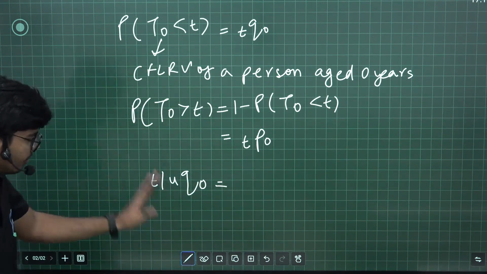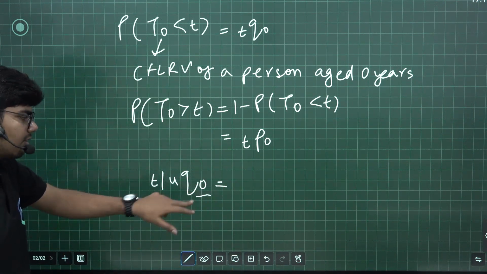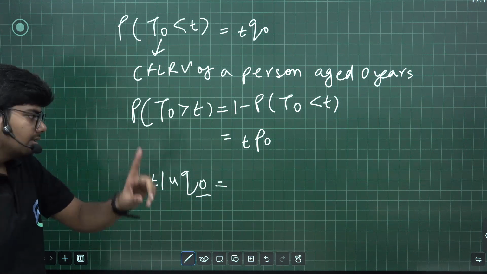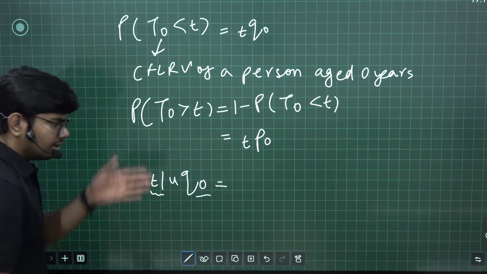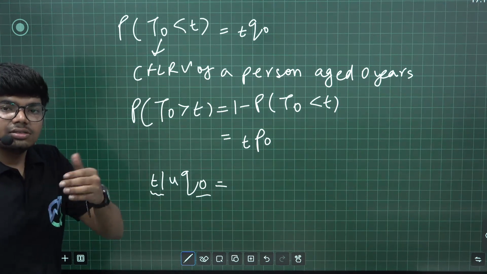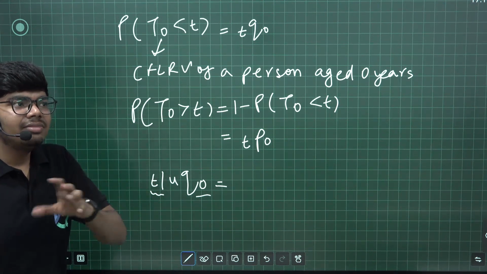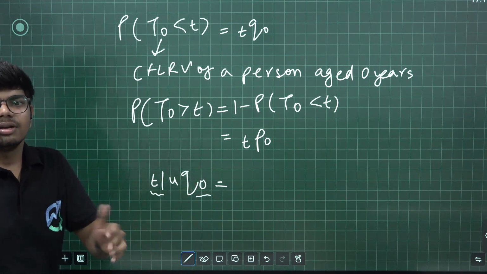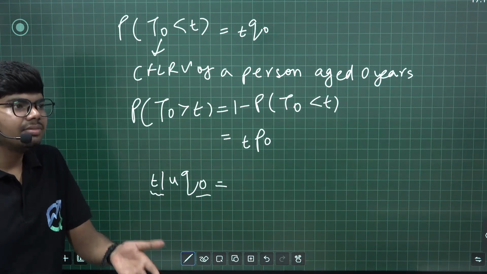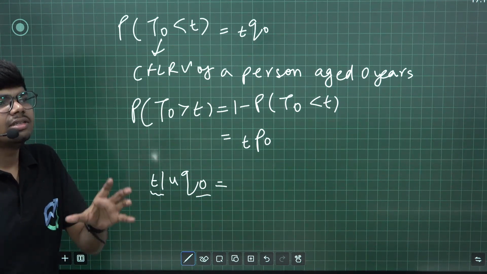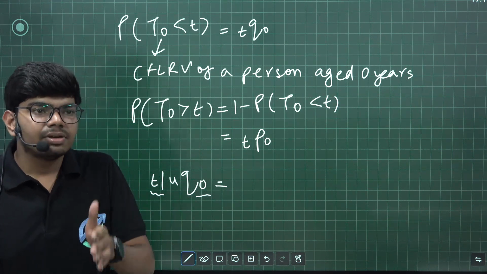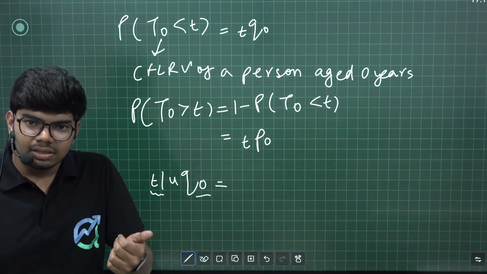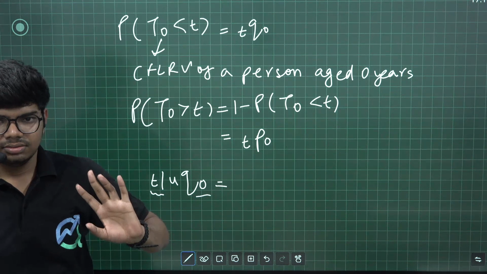What this notation essentially means is that first of all my person is still 0 years old. That thing is for sure. Next is this sign T, this slash thing. This is known as T deferred. It essentially means that I have deferred the probability for T years, which means that I am not interested in whether this person will die now or not. I am interested in whether this person will die within u years, but T years from now.